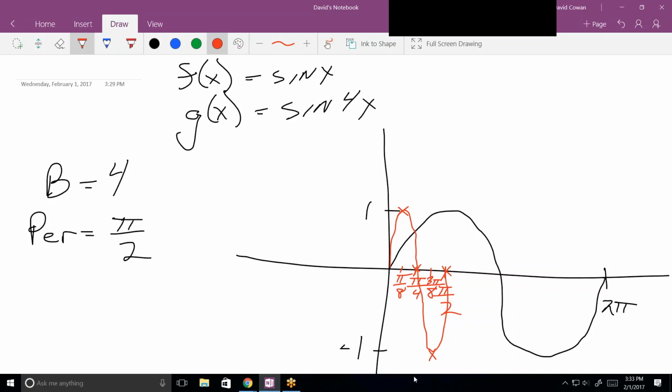It's like we pushed in this direction on the end point, like an accordion, and squeezed that sinusoid function by a factor of 4. Didn't change the amplitude, didn't change its starting position, any of that. But it did change its shape.